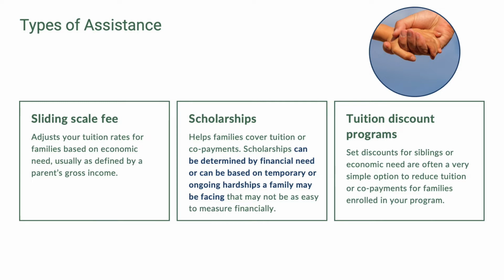You could also offer a reduction for additional siblings' tuition, such as 5 to 10% off, thereby encouraging the family to place all their children at your program and also helping the family relieve some of the economic stress of having multiple children enrolled in childcare.